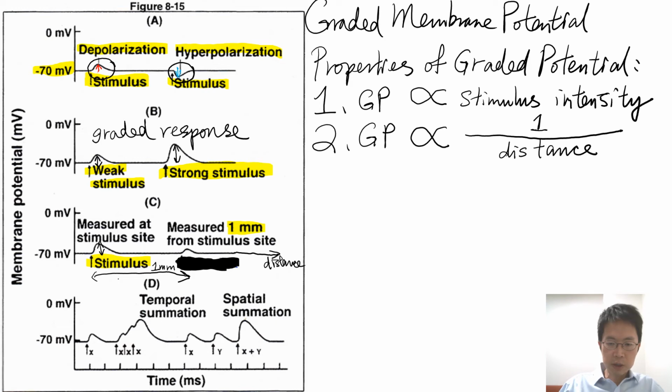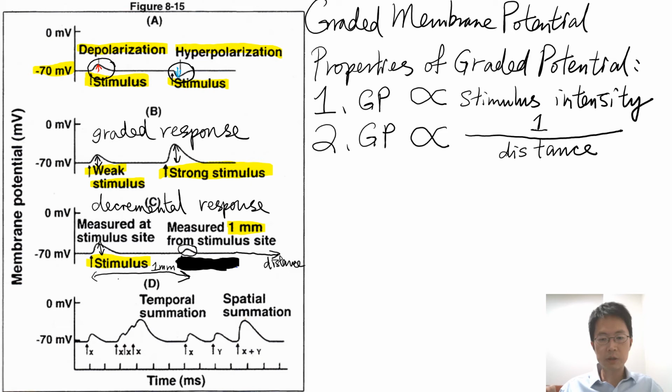It actually becomes much shorter, much lower. We call it decremental response. Decremental response means that the graded potential will decrease, it will lose strength.